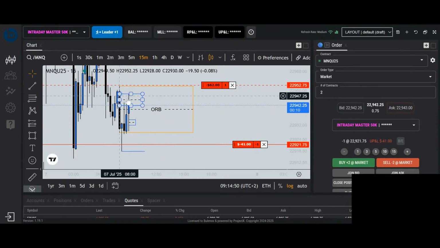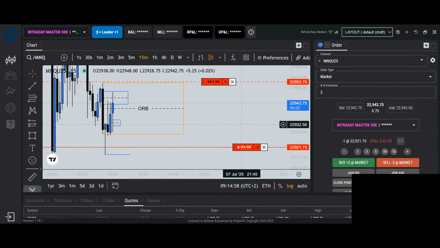This fair value gap is still holding, so nothing says that we are going up yet until this is breached. We're still holding this one.